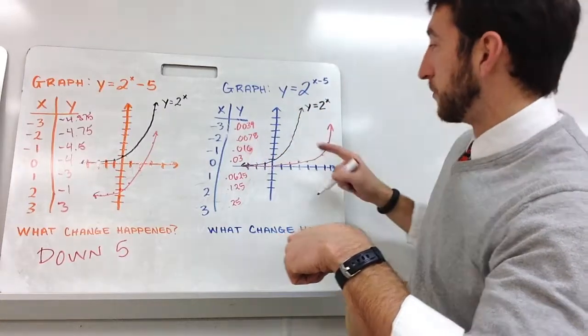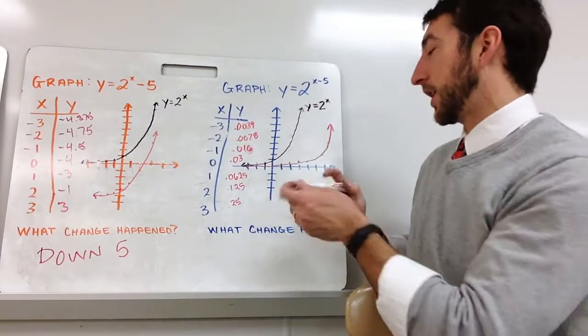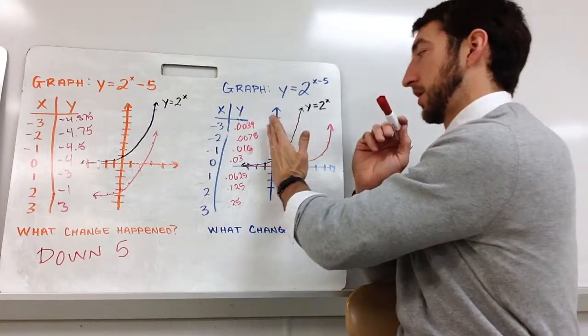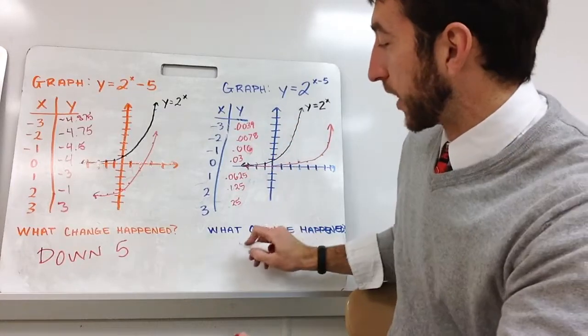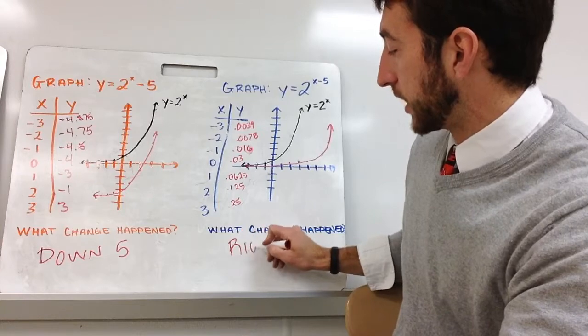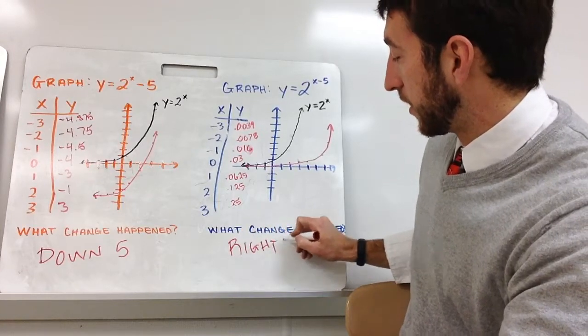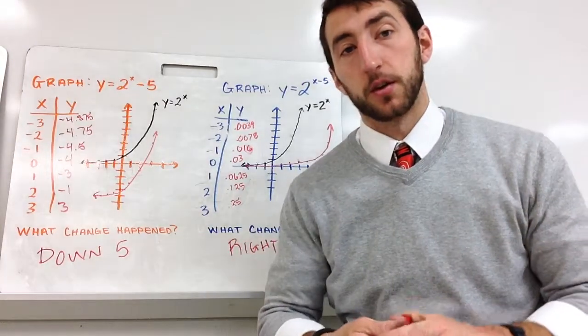And then we'd end up getting the same J-curve. And what's happened is, now we've shifted this graph 5 to the right. So our change that has happened is 5 to the right.